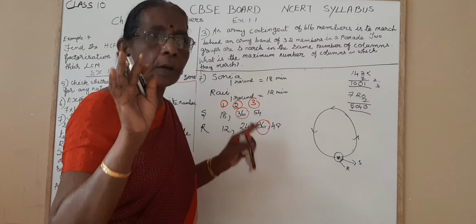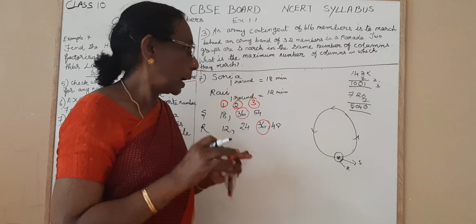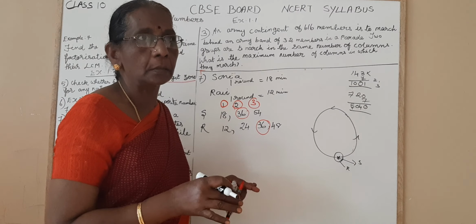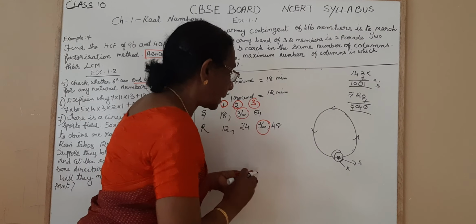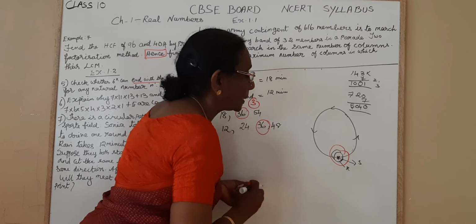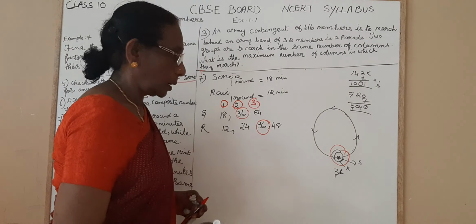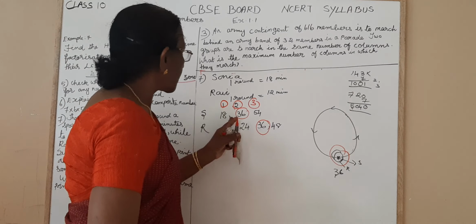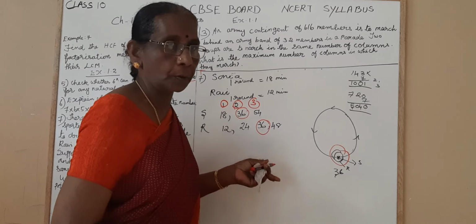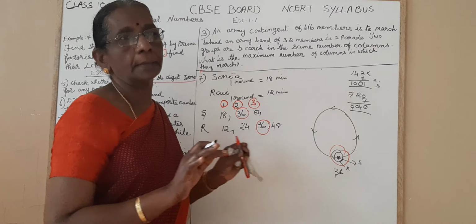No need to worry about how many rounds they completed. We should know at what time they will meet. So after how many minutes they are meeting here? After 36 minutes. Okay. Though Sonia has completed 2 rounds and Ravi has completed 3 rounds, no need to worry about the rounds. They are meeting after 36 minutes.